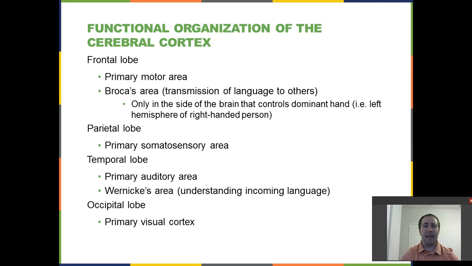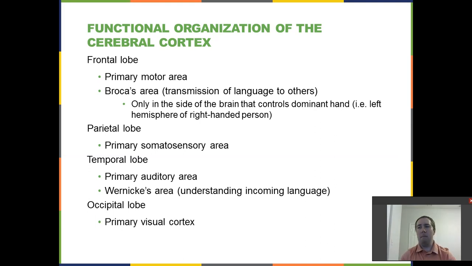For a lot of things, the signals cross. Okay, and we'll talk about why when we talk about the special senses. They'll come back into play with our eyes. But in a lot of cases, the signal crosses. The left side of the brain controls the right side of your body. And so my Broca area is on the left side of my head.